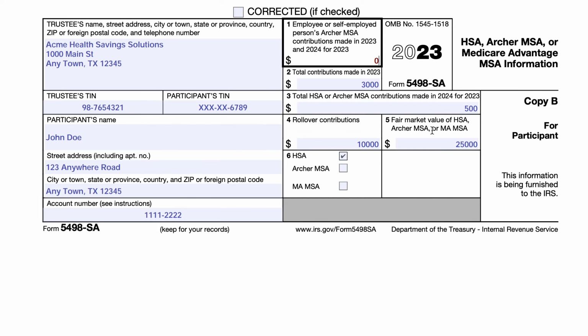Box 5 contains the fair market value of the HSA, the Archer MSA, or the MSA. There's nothing in the form instructions that tell you what you can do. I'm trying to see if there's anything in the applicable IRS publication, but I do not think so.